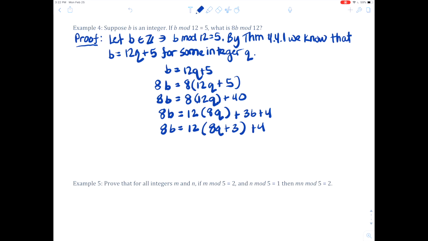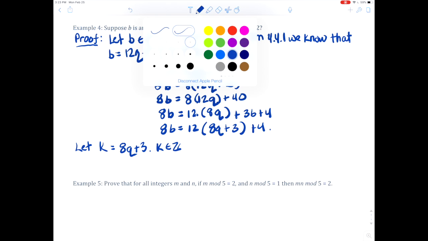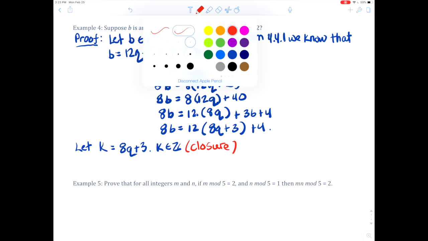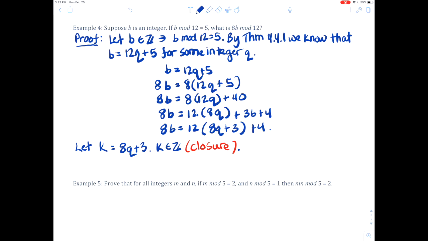Cool so far? Now, if we let k equal 8q plus 3, k belongs to the integers from beautiful closure properties. So that gives us that 8b is equal to 12 times k plus 4.